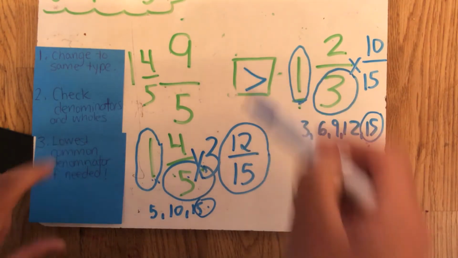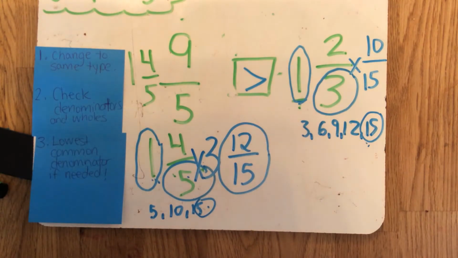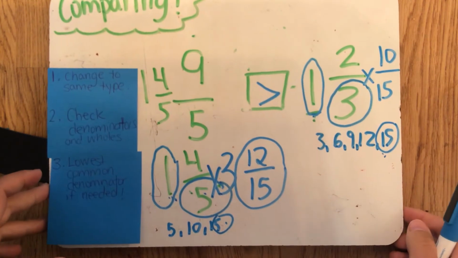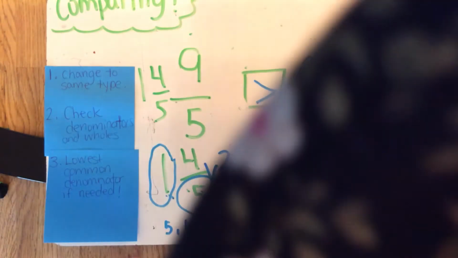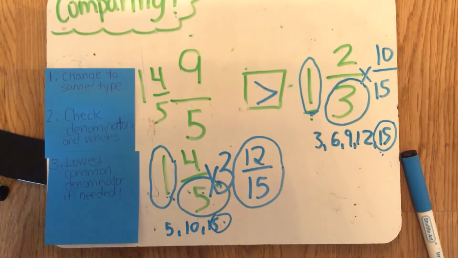So 9/5 is greater than 1 2/3. All right, so that is pretty much all you do. Just change it to the type you like best. Check your denominators and your whole numbers, and then switch around what you need to so you can compare them without too much work.